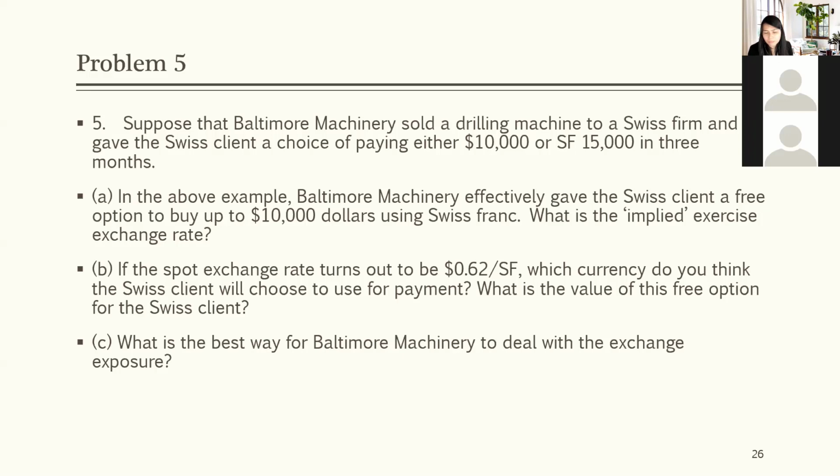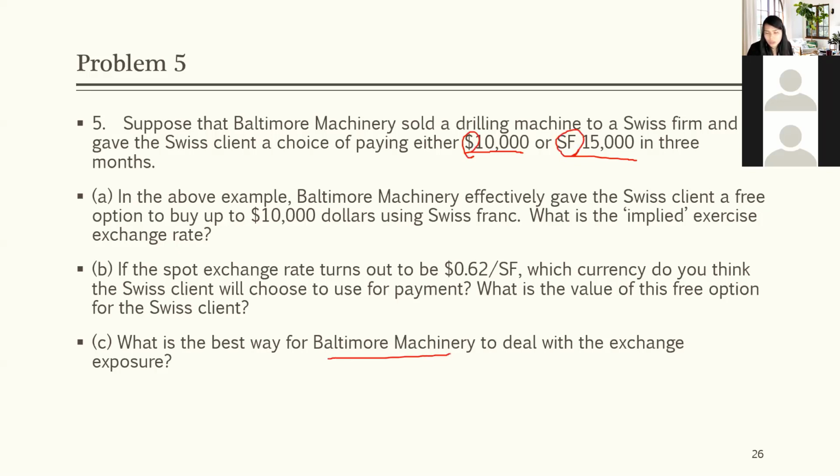Question C. Now, this question C requires your understanding of how option contracts work. Okay. So option contracts are contingent contracts in the sense that you can choose whether you exercise the option or not. So for question C, think about where the exposure of the American company is, right? So in this case, they allow their trade partner to choose either to pay in the USD or in the franc, okay?